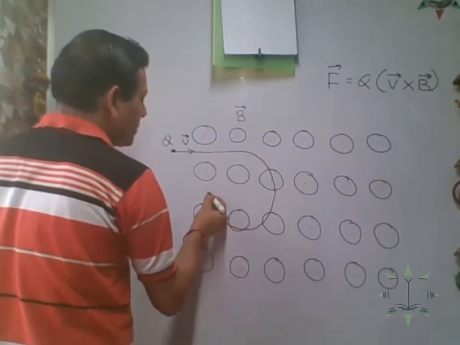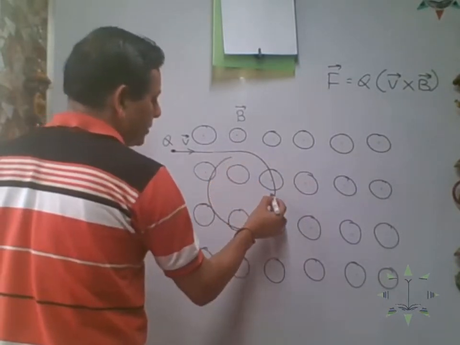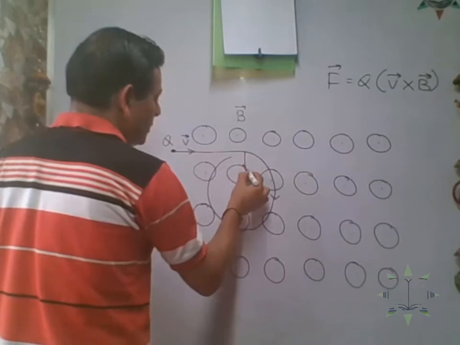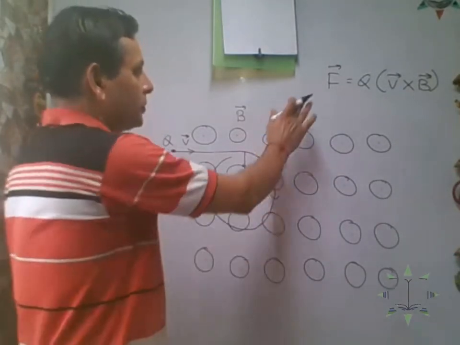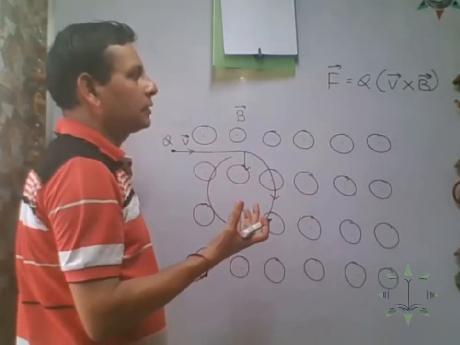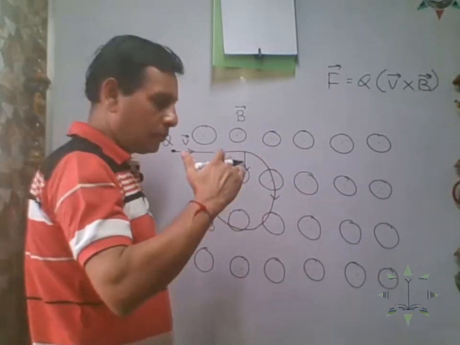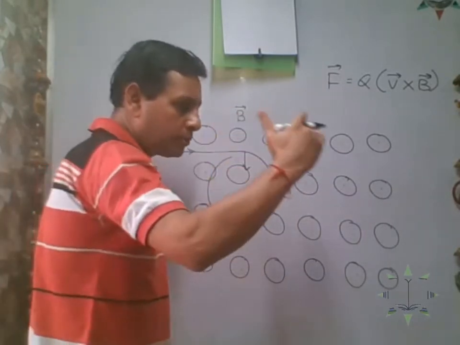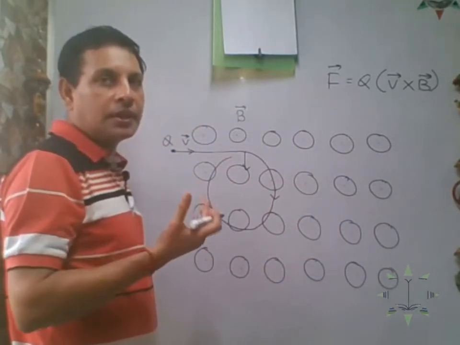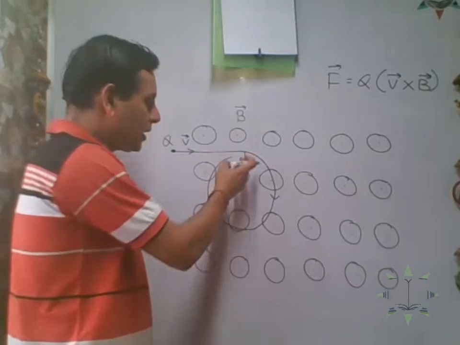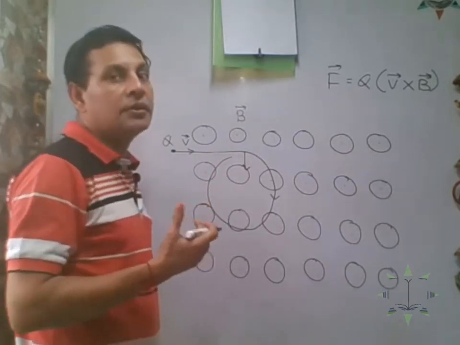The motion of the charged particle will be circular in nature because the force is at right angle. So this force acts as the centripetal force. When a charged particle moves in a circular path, the force experienced is towards the center, at right angle. So this is the centripetal force.